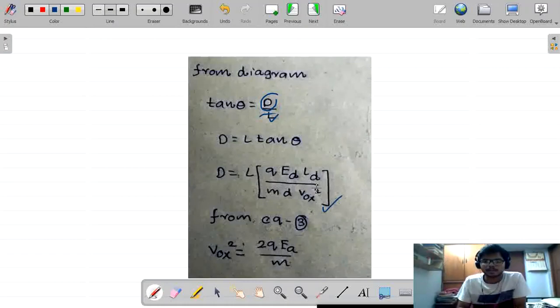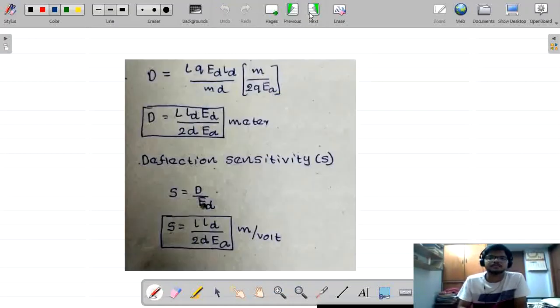Now I need to find the equation of Vox. From where I can get? From equation 3 we can get the equation of Vox. Vox square is defined as 2QEA by M. So substitute Vox in the equation of D. D equal to L QED LD by MD for the Vox whole square, as Vox is in the denominator.